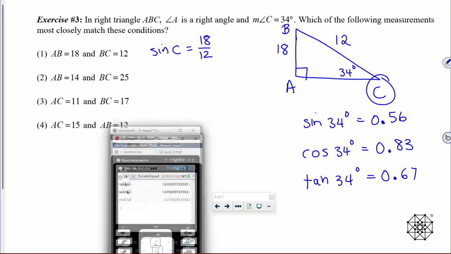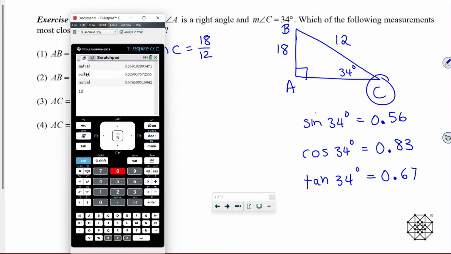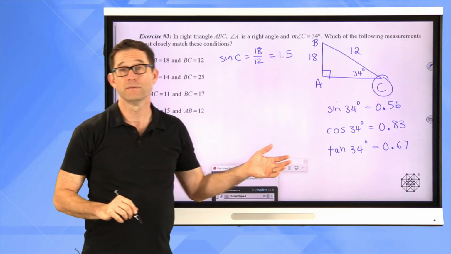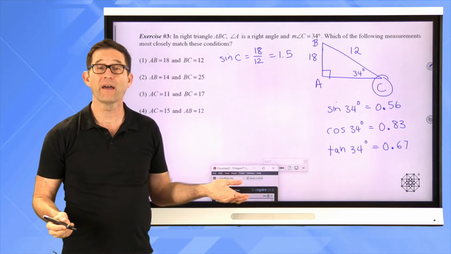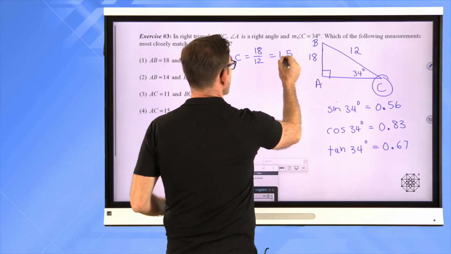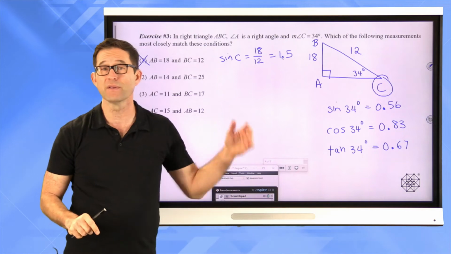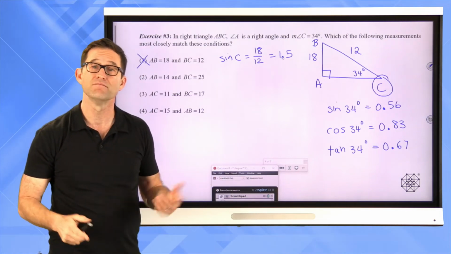And if I do that real quickly on my calculator, 18 divided by 12, I need that as a decimal. That's 1.5. Since the sine of 34 is not 1.5, that one is out. That can't be the right choice.